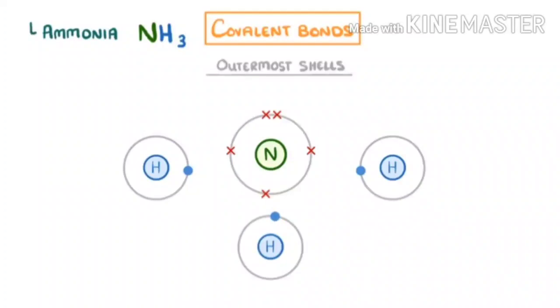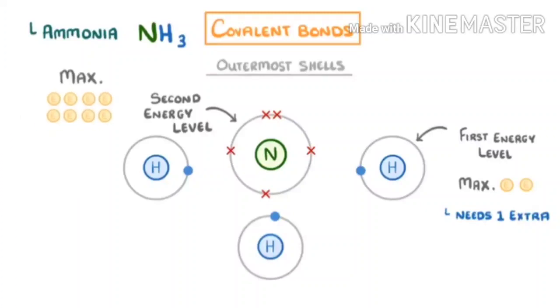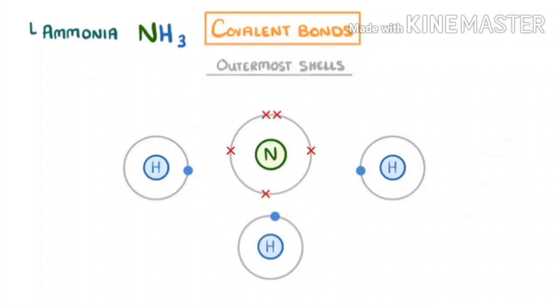Each hydrogen atom needs 1 electron to complete its duplet, whereas the nitrogen atom needs 3 electrons to complete its octet. Therefore, it shares 3 electrons with 3 hydrogen atoms to form 3 covalent bonds, so that each atom becomes stable by forming 3 covalent bonds.